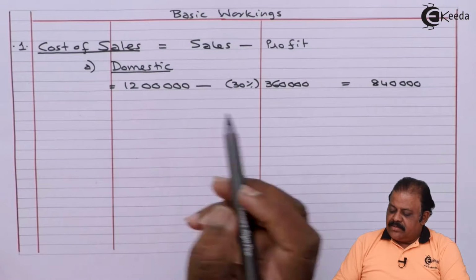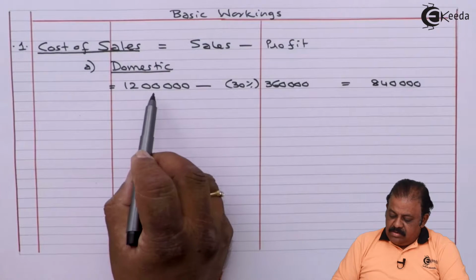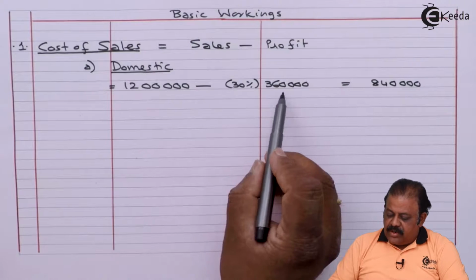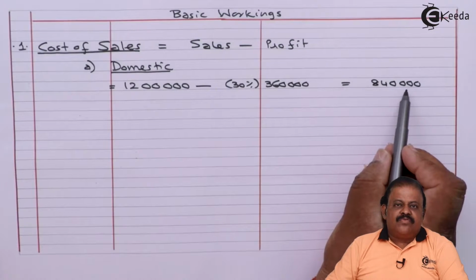Profit 30% of 12 lakh comes to 3 lakh 60,000. Sales minus profit, 12 lakh minus 3 lakh 60,000, 8 lakh 40,000 is cost of sales.